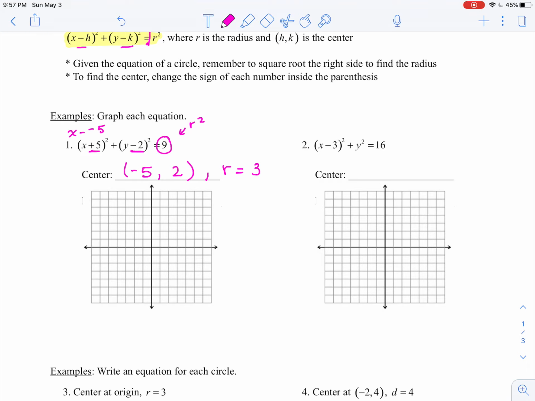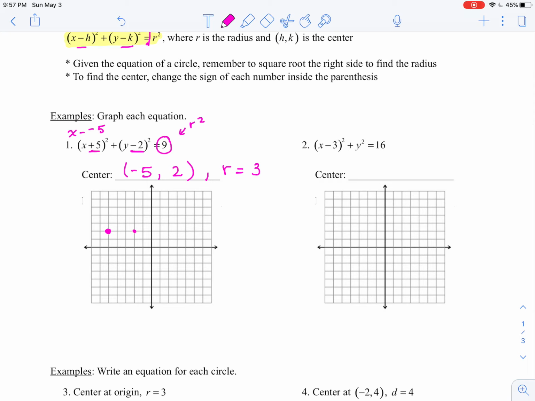To graph a circle, you always start by plotting the center first. So if I graph the center point at negative 5, positive 2, we know all radii of a circle are the same. So from that center point, I can count out in any direction 3 units.